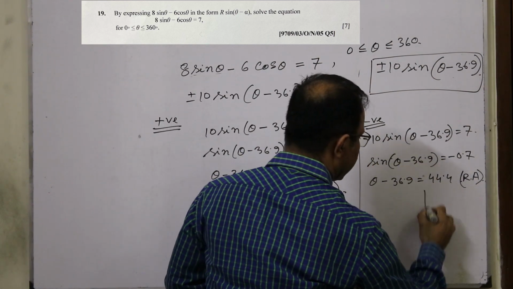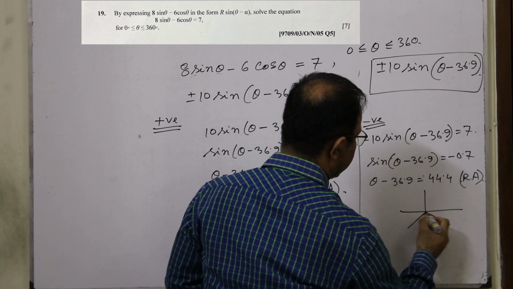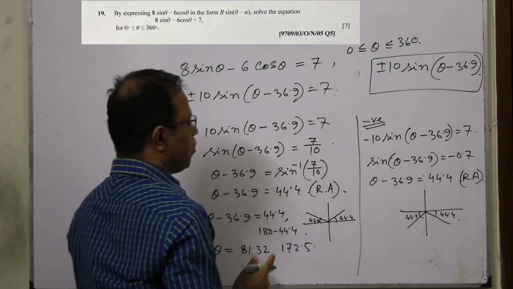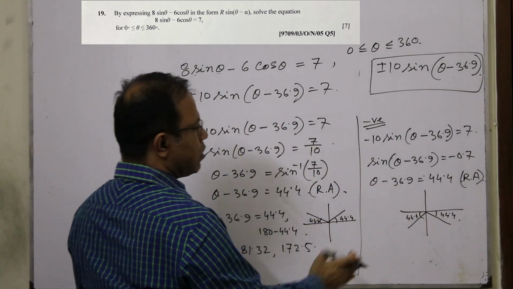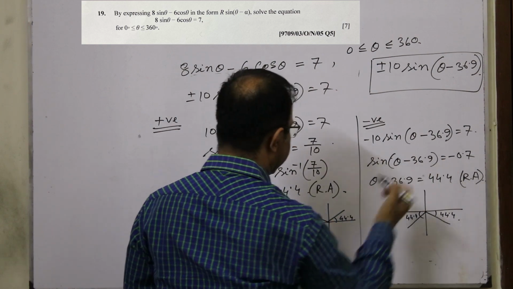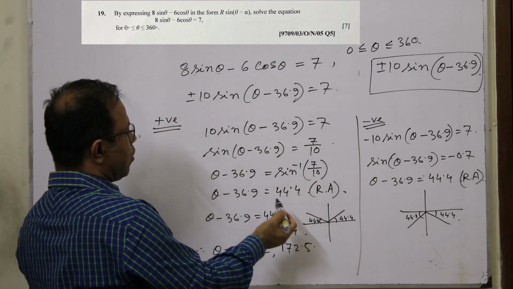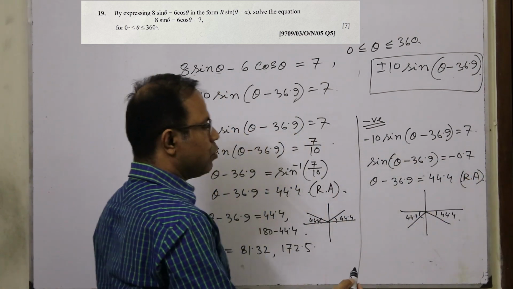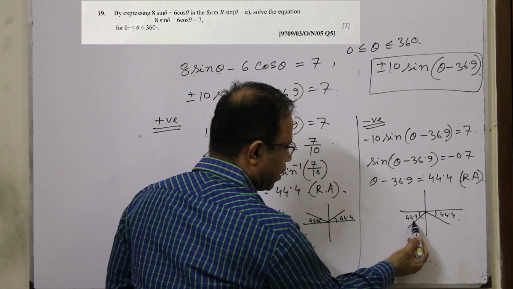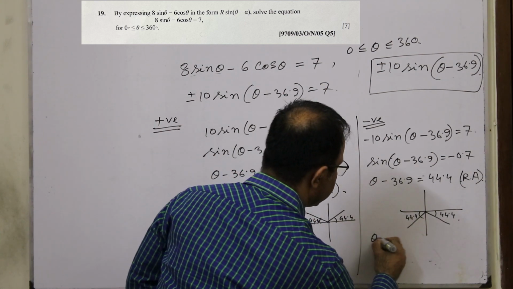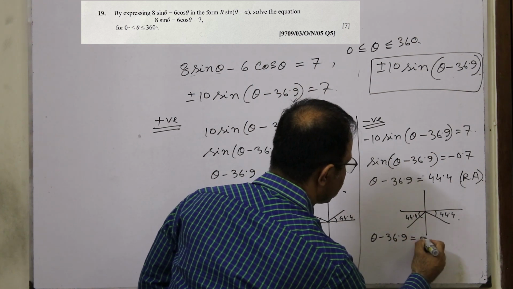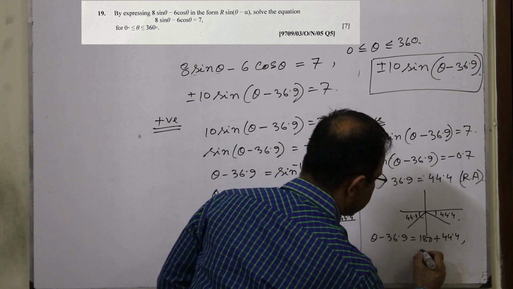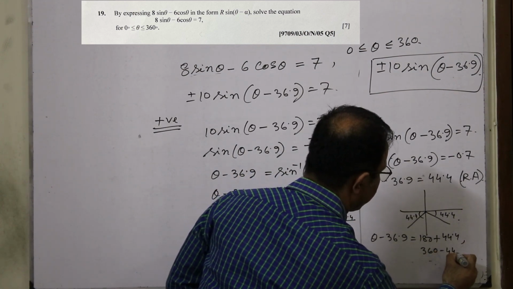Sine is negative in the third and fourth quadrant. In the first part, sine was positive so we took the first and second quadrant. Now sine is negative, so the solutions lie in the third and fourth quadrant. So theta minus 36.9 equals 180 plus 44.4, and another solution is 360 minus 44.4.